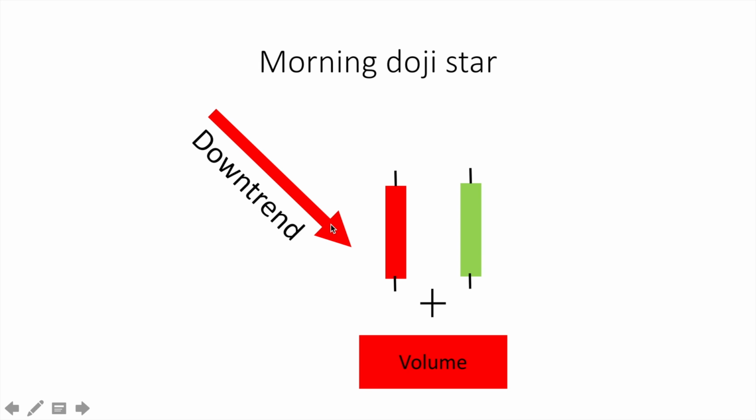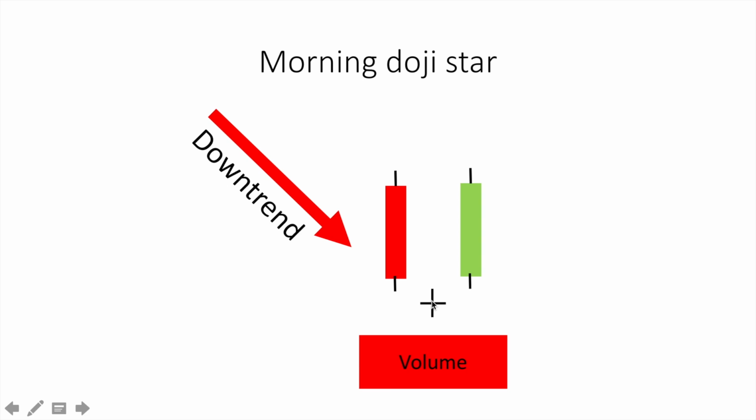After a decline and long red candlestick, doji can indicate that selling pressure may be diminishing and the downtrend could be nearing its end. Even though bears are starting to lose control of the decline, further strength is required to confirm any reversal.